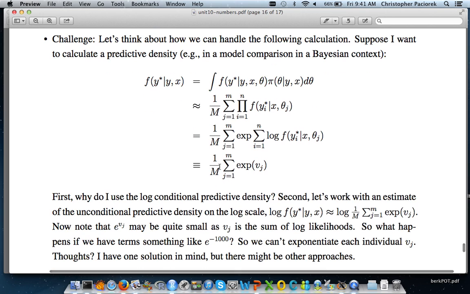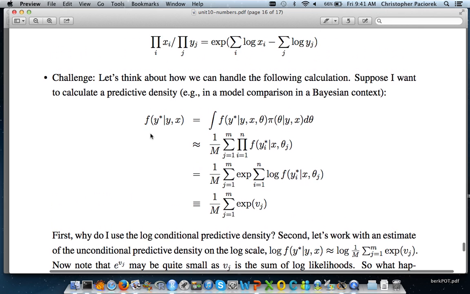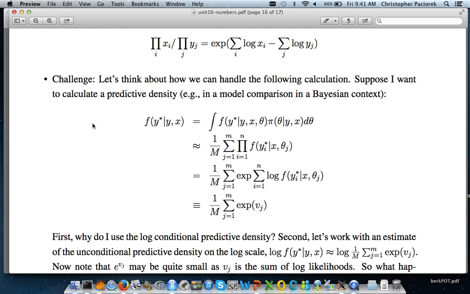All right, so what I want to do next is a little problem and see if you can work through and see what the trick would be to do this calculation, and that will basically finish off the unit. This is a calculation that comes up reasonably regularly if you're doing Bayesian calculations.